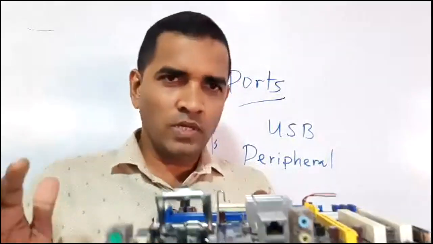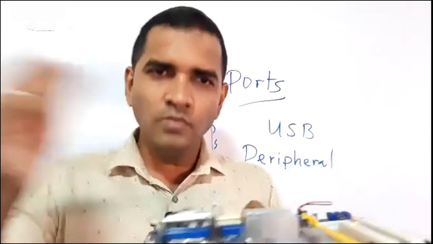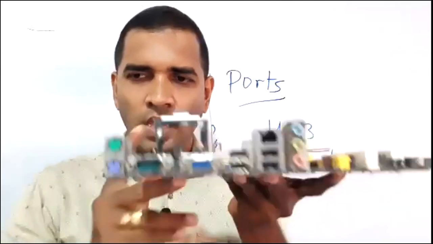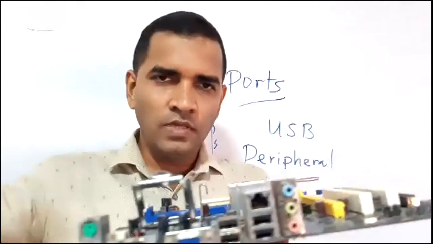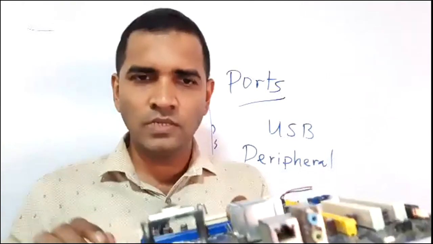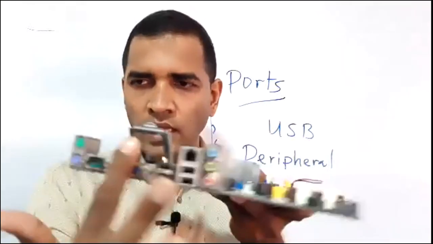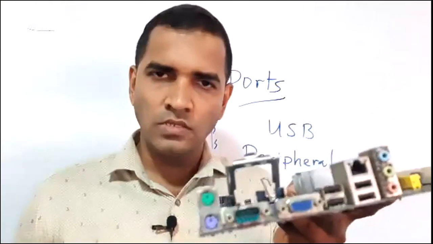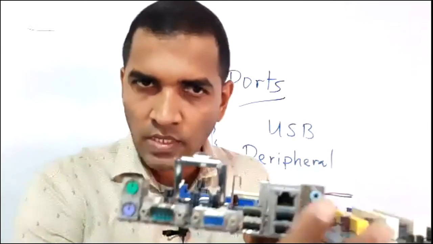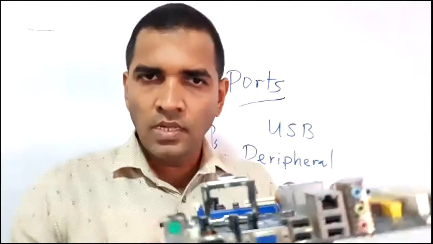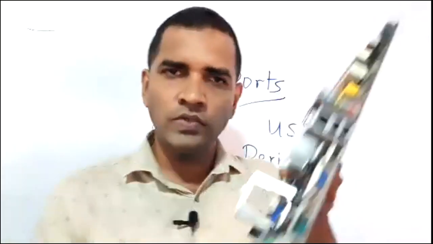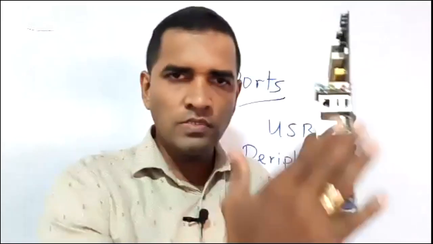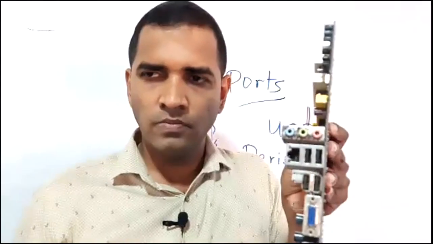In this computer, I have removed the cover of the system unit and taken the motherboard out. But generally, when the motherboard is inside the system unit, this area is shown outside. All the ports are on the motherboard, but when they fit it in the system unit, they keep this side outside, on the back side of the system unit.